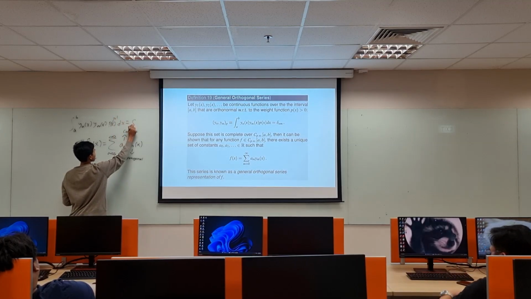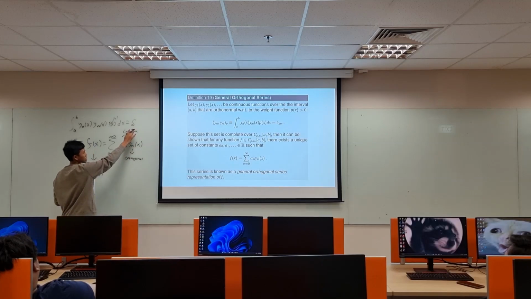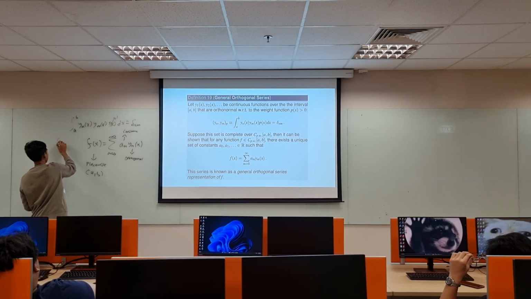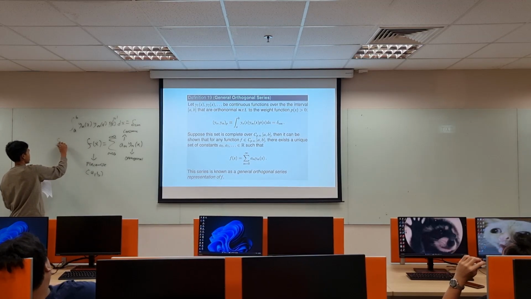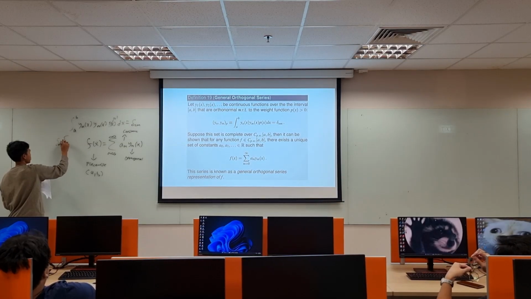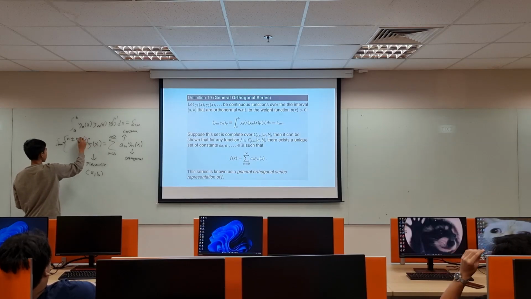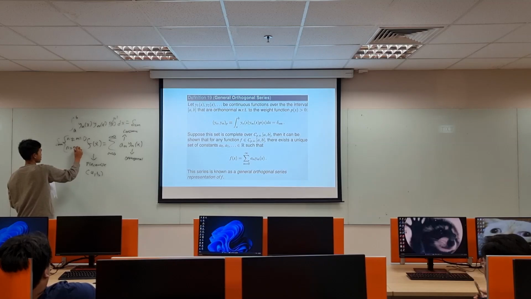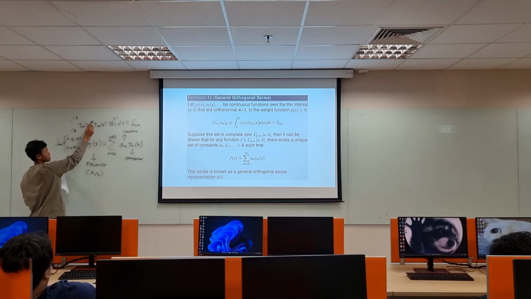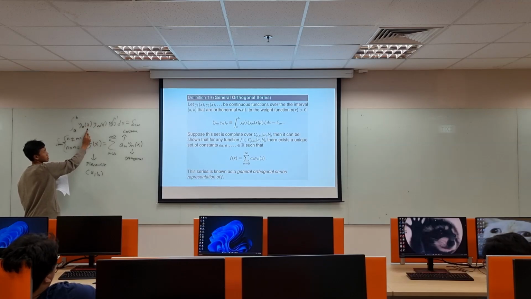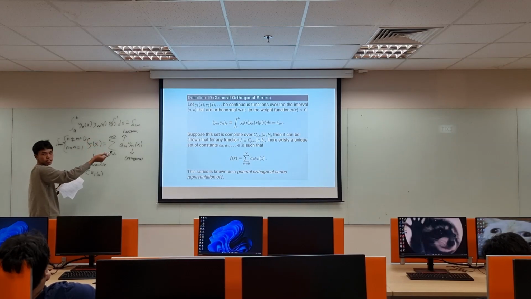The notation is the Kronecker delta: if n is not equal to m, it is 0. If n equals m, it is 1. So it's basically just a dot product. Let's say this is orthonormal. If it's the same, it is 1. If it's not the same, it is 0. Understand? Okay.